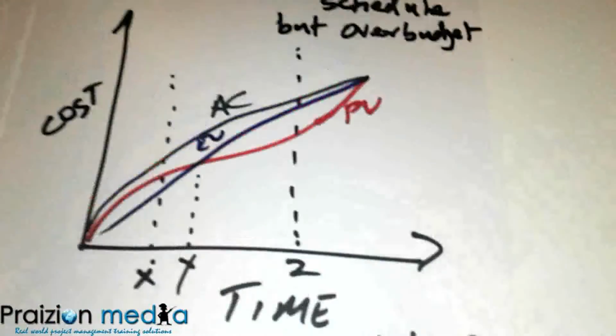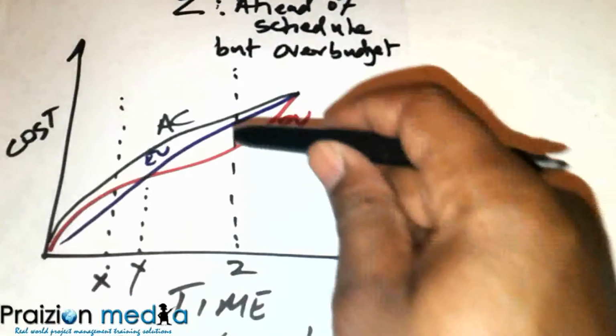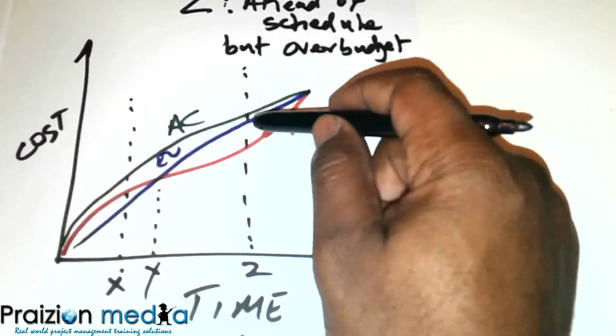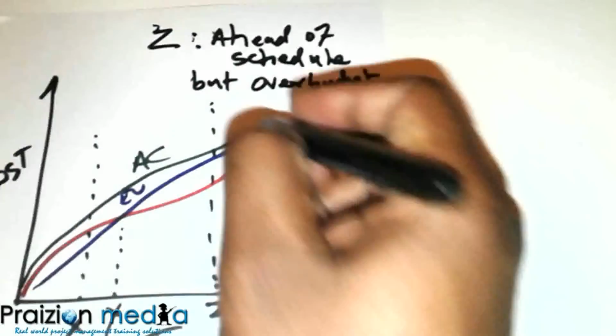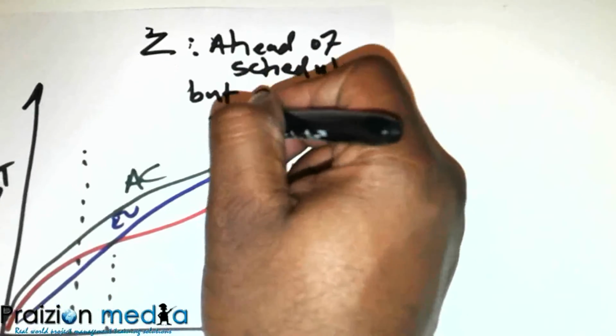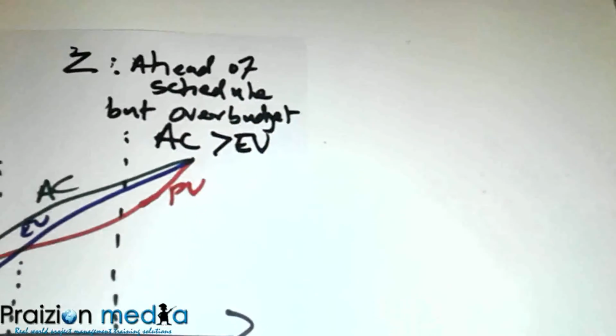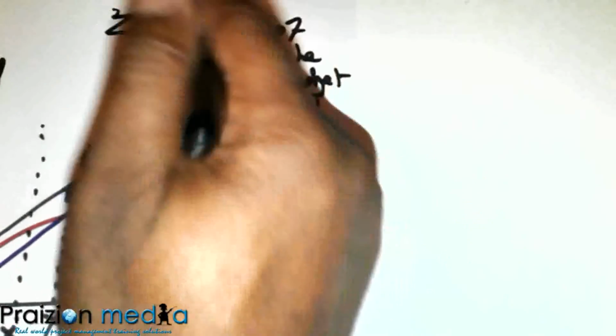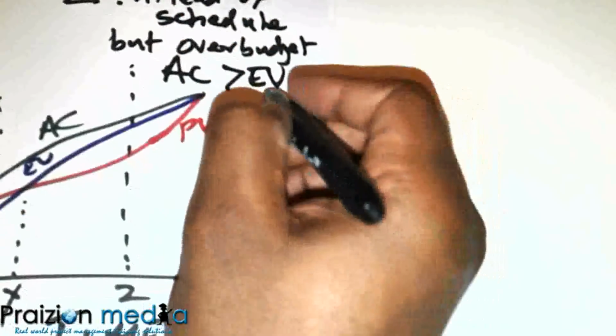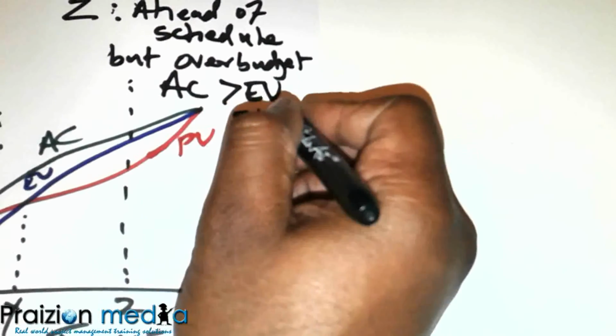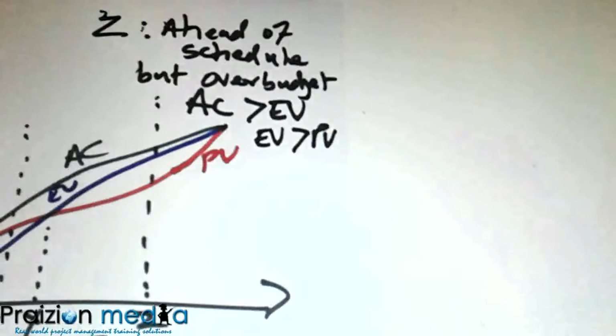It's because actual cost is greater than the earned value, AC greater than EV. But we can see that EV, still talking about Z, is greater than PV.